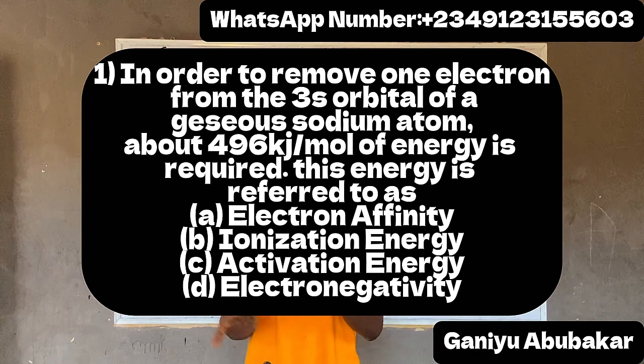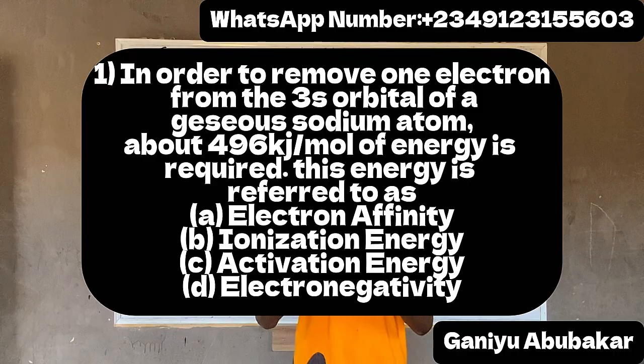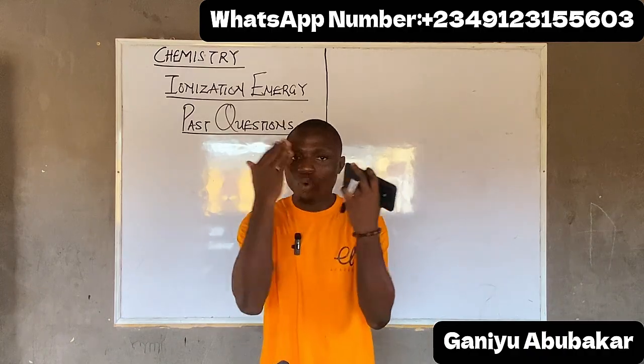This energy is referred to as: option A, electron affinity; option B, ionization energy; option C, activation energy; option D, electronegativity. Now listen and get the whole idea of the question.